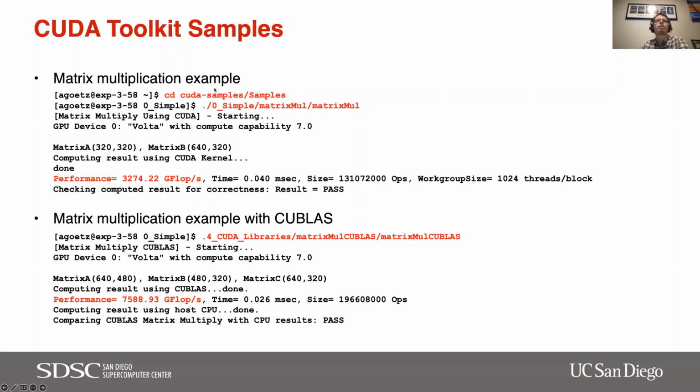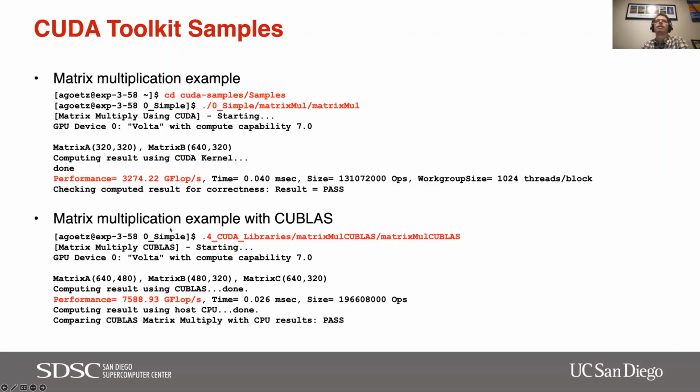The other example is the matrix multiplication example. There is a hand-coded matrix multiplication that has a lot of optimizations in there, like cache blocking and so on, and it measures the performance that you get. Run this. Remember, we had about 7.8 teraflops, so 7,800 gigaflops, and we're getting only about 3.2 like that.